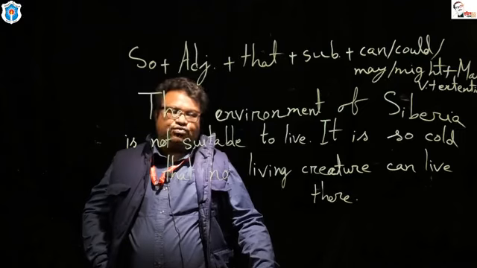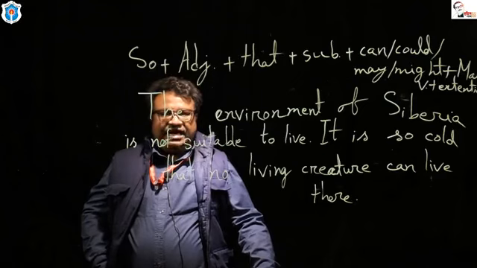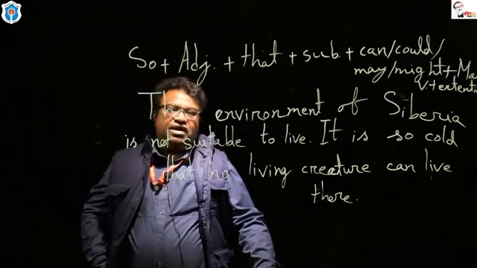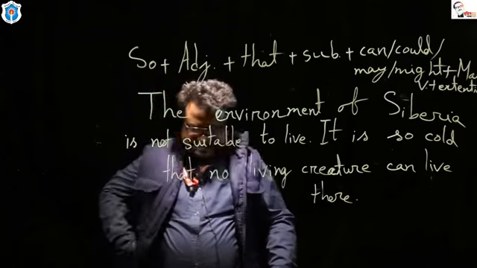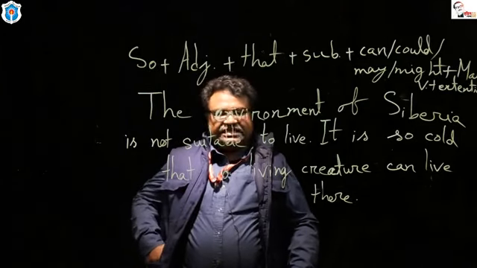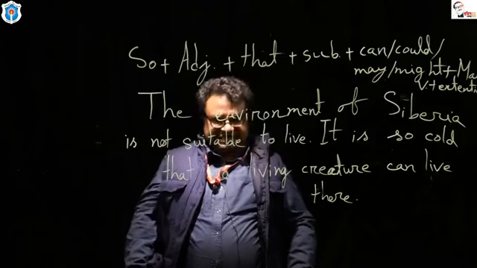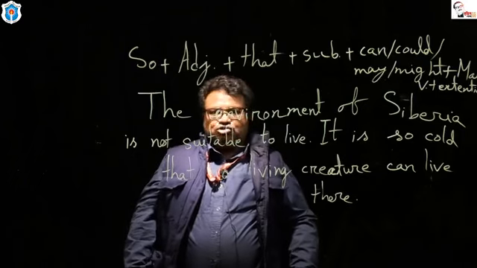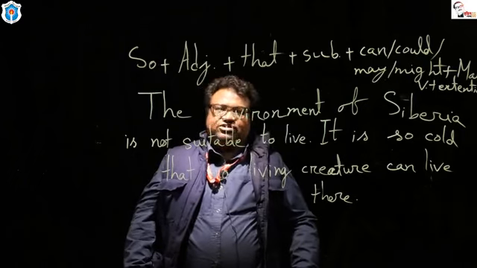That is, could or might will be used in case of past tense, and can and may will be used in case of present tense. So just remember this thing. And here we see that this is actually a kind of complex sentence. Now, so plus adjective plus that and so that.